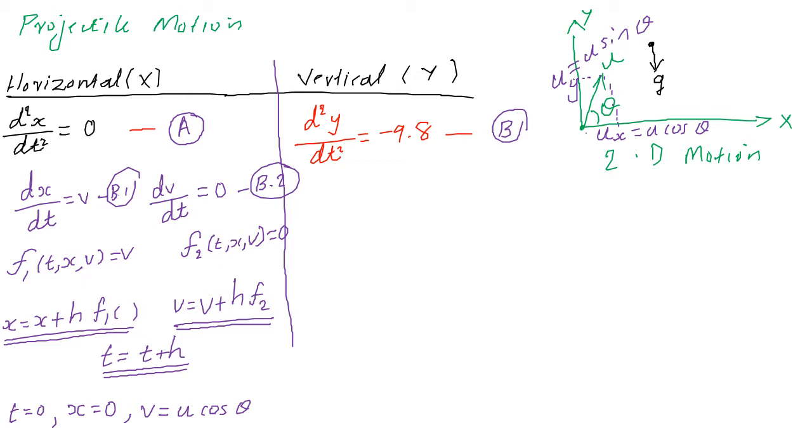Okay, so I need to specify two velocities, and therefore I call it vx. So you can call vx as u cos theta. Fine, and this is just to distinguish between the two velocities. Similarly, you can consider the second equation B, that is the differential equation describing vertical motion.